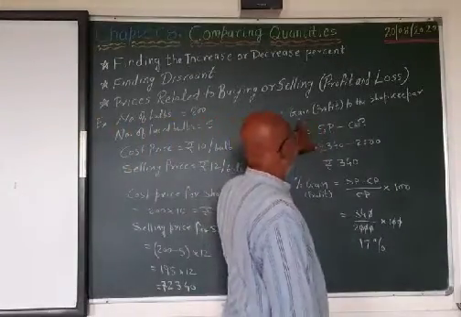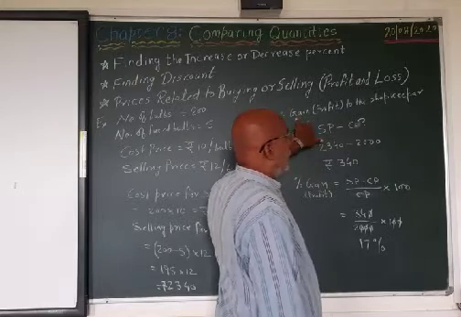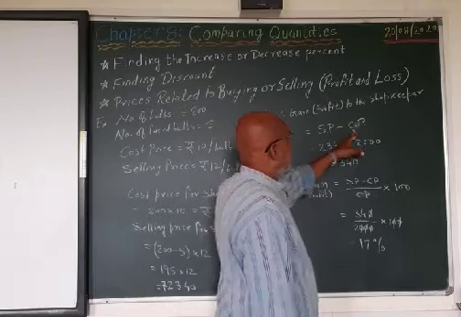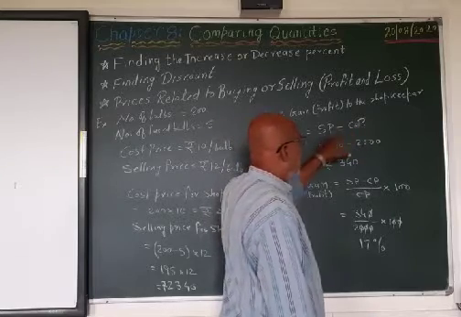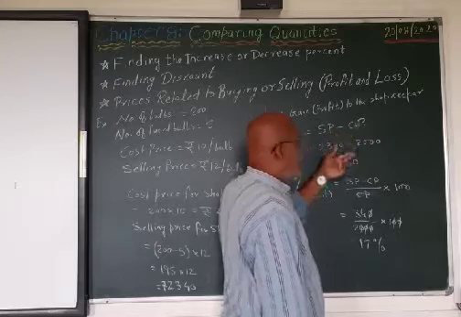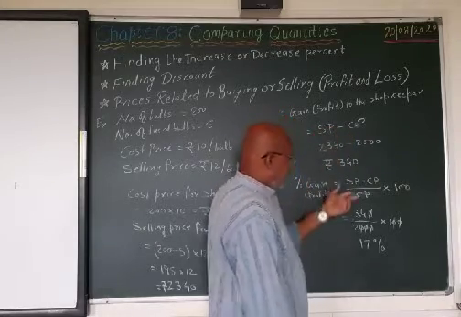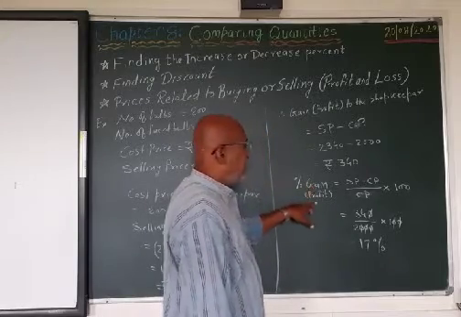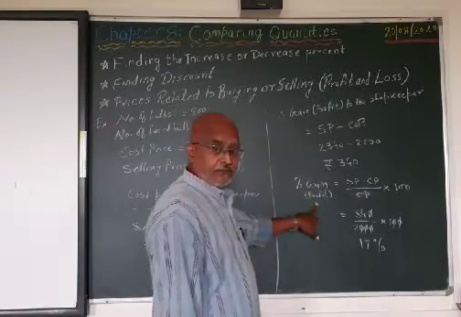Here we have found out the gain. When we find out the loss, we have to deduct SP from CP. That is opposite. And the rest of the procedure will be the same. Here instead of gain, you will write loss.